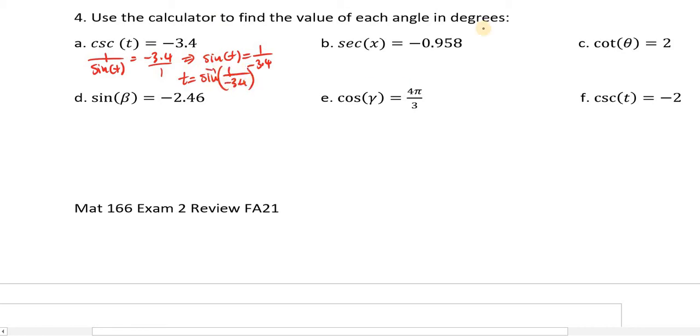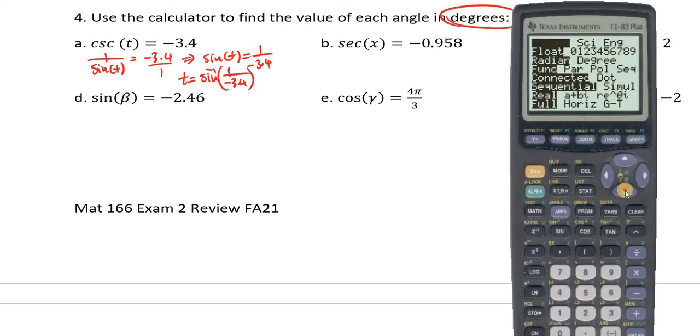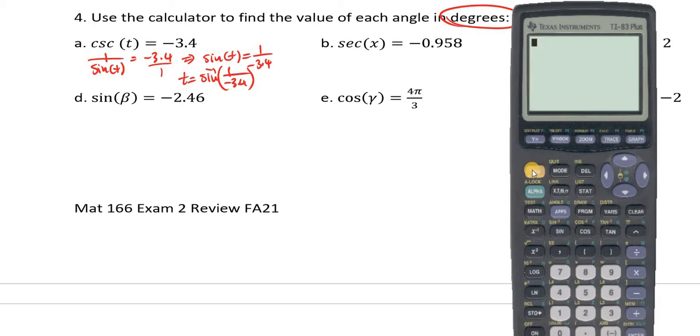So again, we need it in a degree mode, so make sure that you put your calculator in a degree mode. And then we're going to say sine inverse, so second sine, and then 1 divided by negative, use this negative here, don't use the minus sign, 3.4.